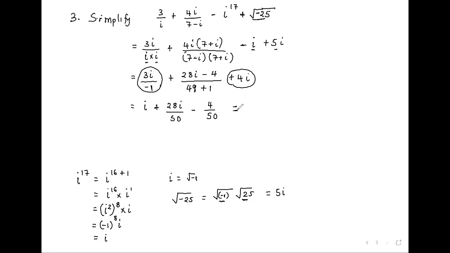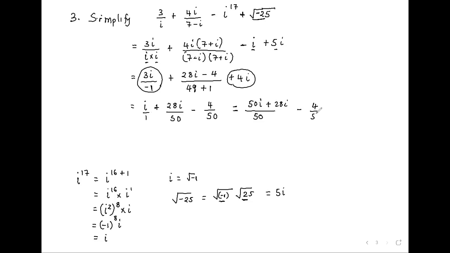Which is now equal to, so we can have simplifications here. Let's put 50 down, so we get 50i plus 28i, since here we have put over 1, and then minus 4 over 50.